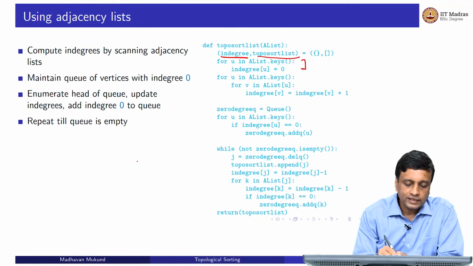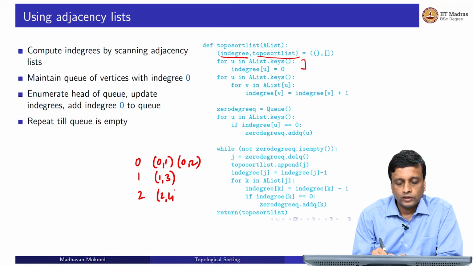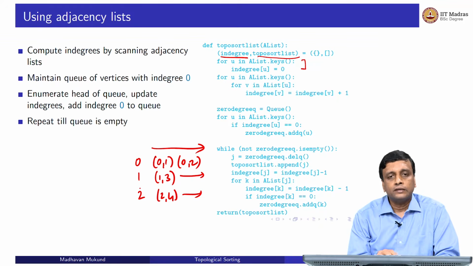So what we will say is that if I have a list like this, says 0 has an edge to 1, 0 has an edge to 2, 1 has an edge to 3, 2 has an edge to 4 and so on, I will just scan each of these lists and every time I see an edge, I will update the in-degree of the target of the edge, right.